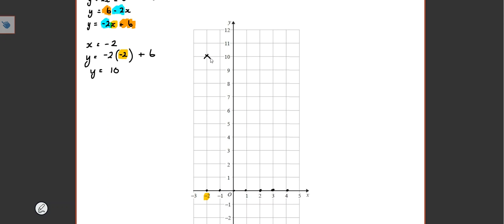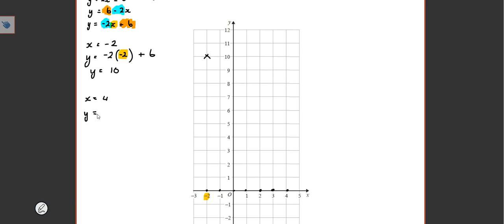Anyone remember why? It's linear. But how do I know it's linear? There's no squared, it's x to the power of 1. So if I've worked this one out, what would be a sensible one to do next? 4. So let's do when x equals 4.